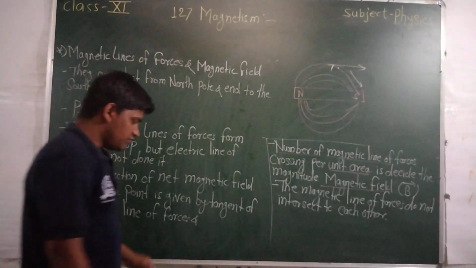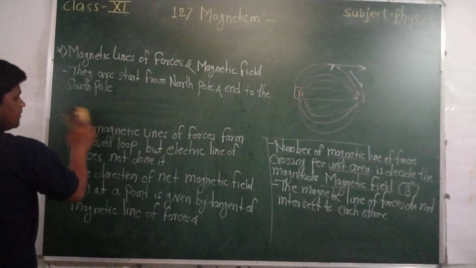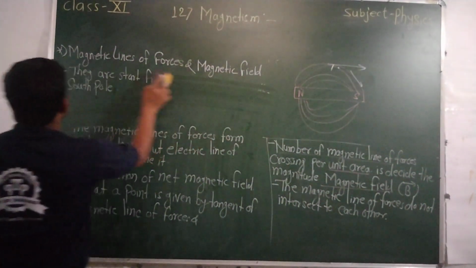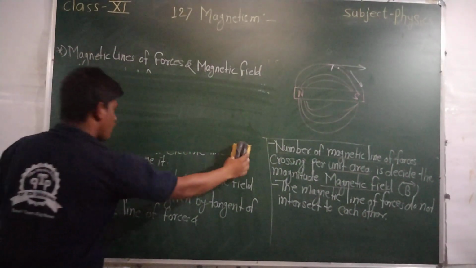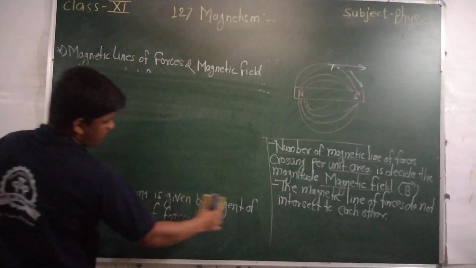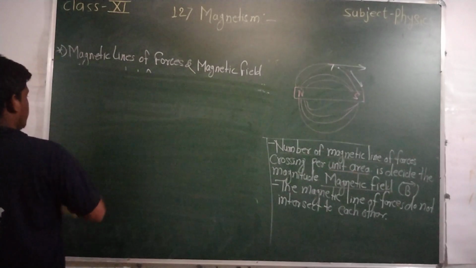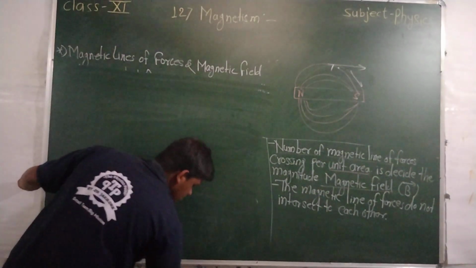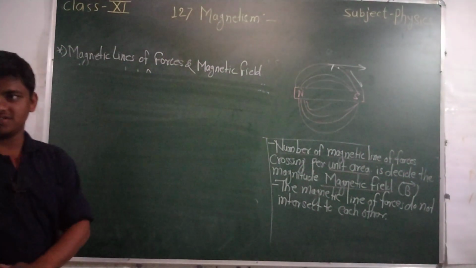Let's start discussing some other factors. The number of electric lines of force is called electric flux, and the number of magnetic lines of force is called magnetic flux. We are revising both topics, electrostatics and magnetism, in this lecture.